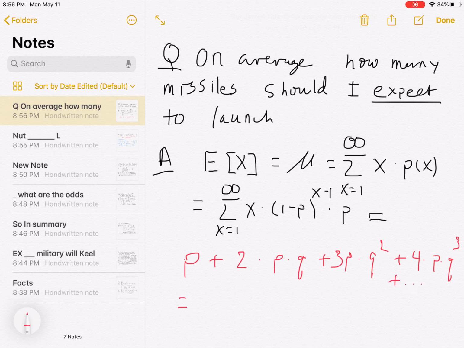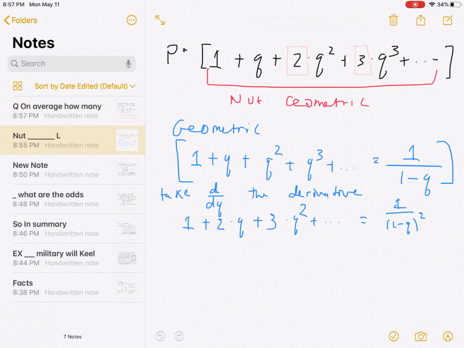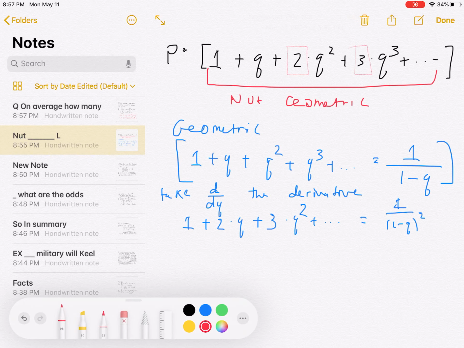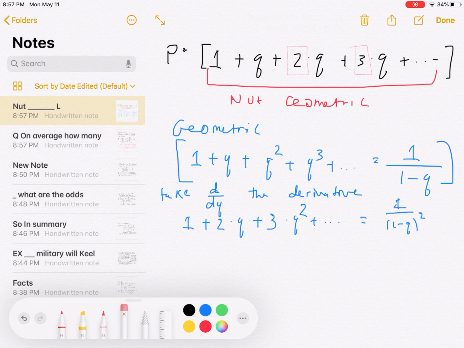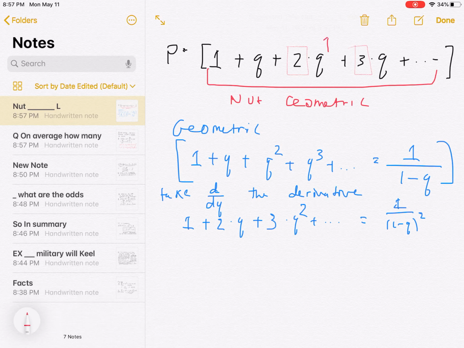I can factor out a p. This will be p times 1 plus 2q plus 3q squared plus 4q to the third power, and so on. And that needs to be equal to what we wrote down here. I had my powers slightly off. So to match what I had on the previous slide, this exponent right here should be 1 less. So that should be to the first power.